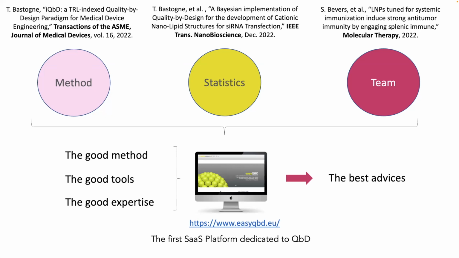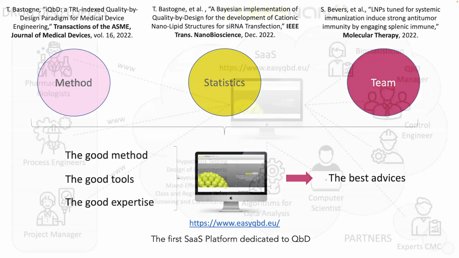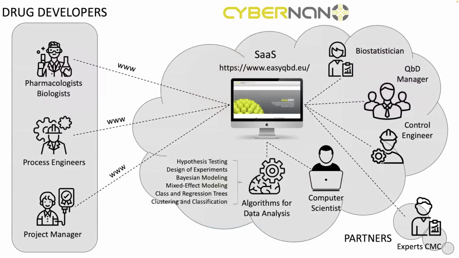A SaaS platform is a kind of software, but it is more than a software. How does it work? Imagine you are a biotech, you wish to develop a new drug, and you wish to implement QbD to optimize the development and the CMC dossier. You can connect to the platform with a login and a password. Step by step, as in a software, you are guided to progress in the QbD implementation.